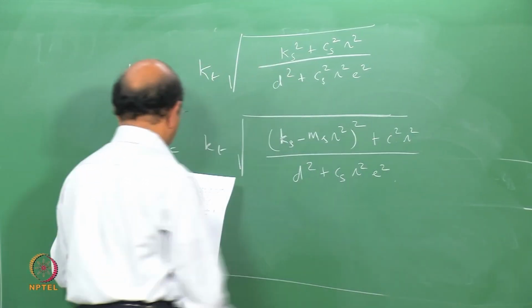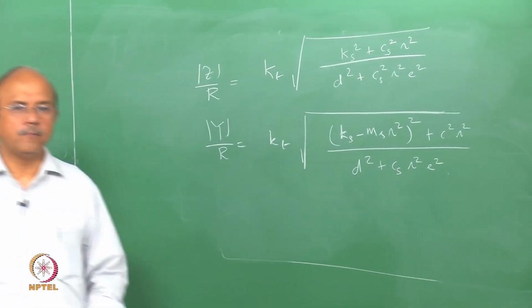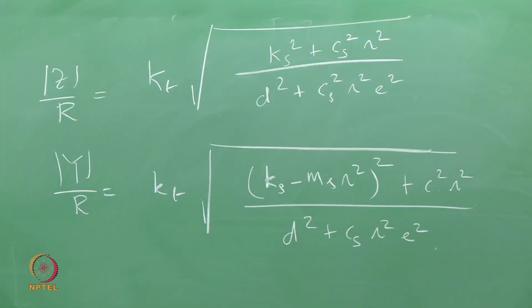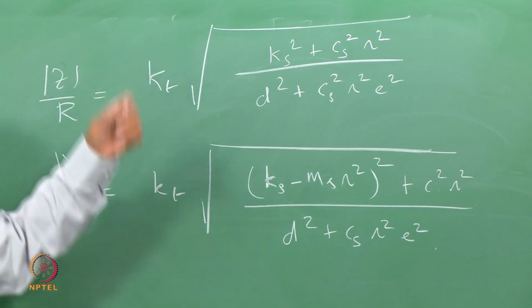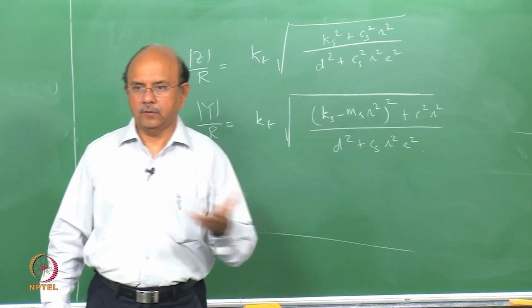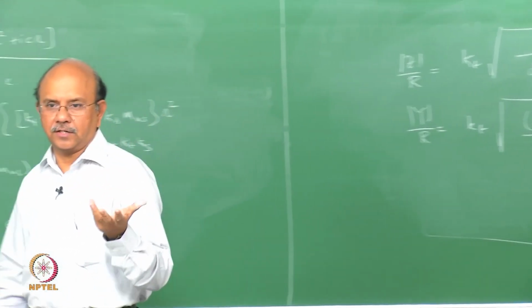So that's the two vertical magnitudes. The magnitude of acceleration for these two are given by omega squared multiplied by this, omega squared multiplied by that, which would give you the two magnitudes of acceleration levels.